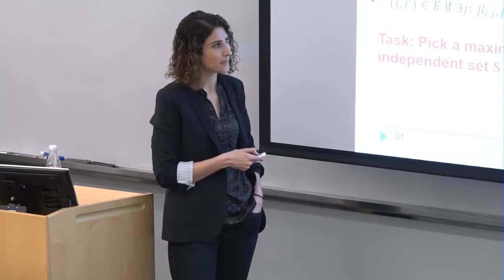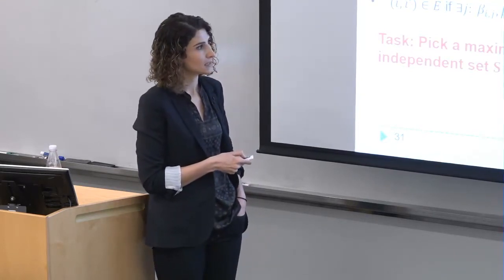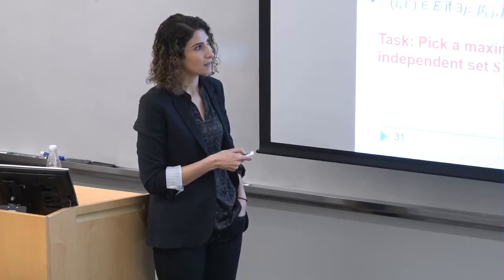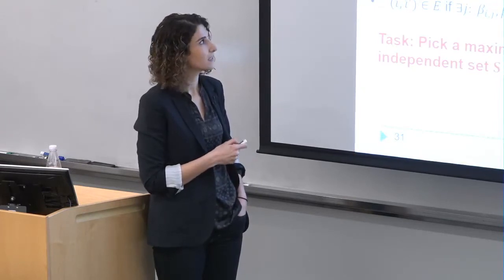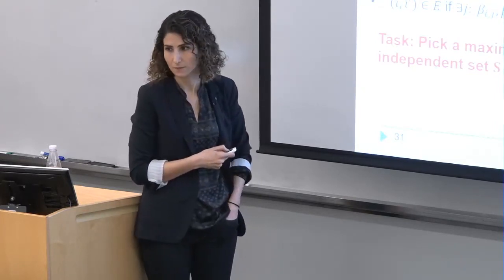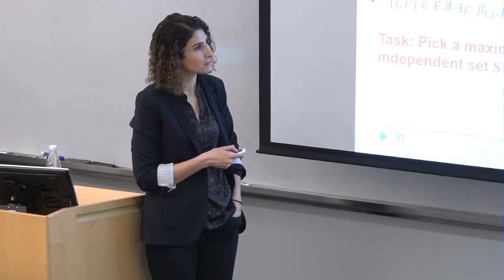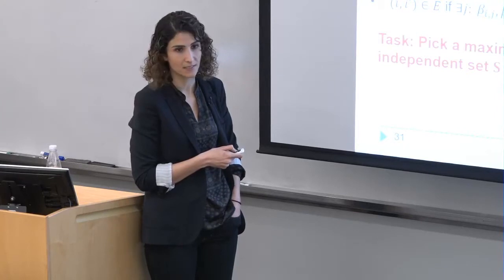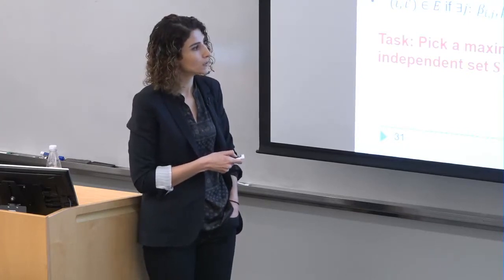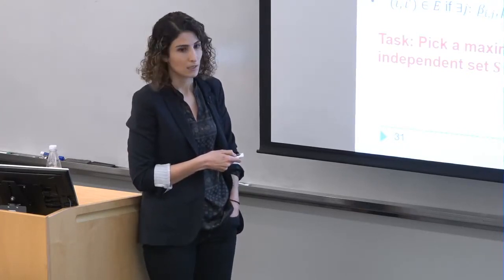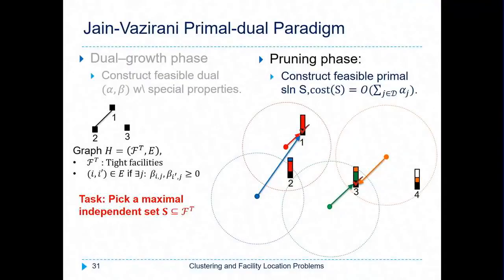It wasn't picked because it had some edge to some other facility in this graph. Otherwise, we should have picked this facility in the independent set. So 2 wasn't picked because of this. We picked facility 1, so we are going to assign this blue client to facility 1. Okay, so now we constructed a feasible primal solution.